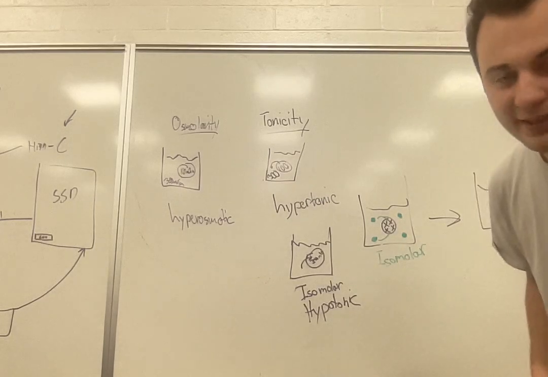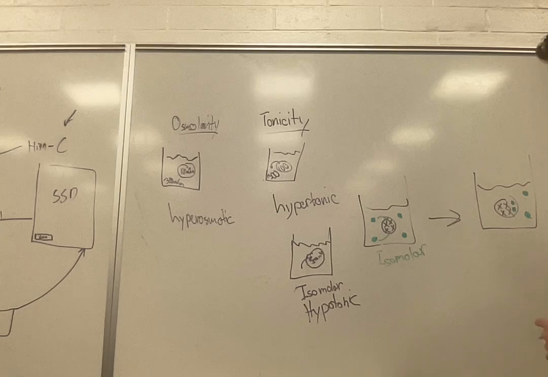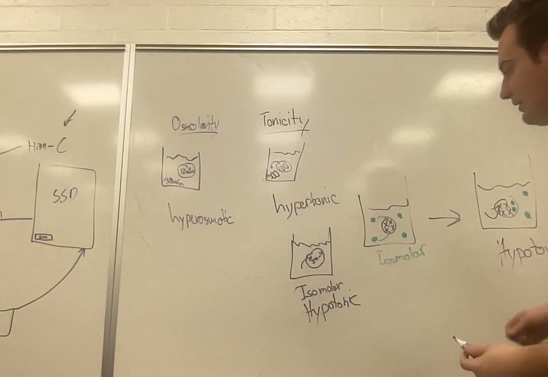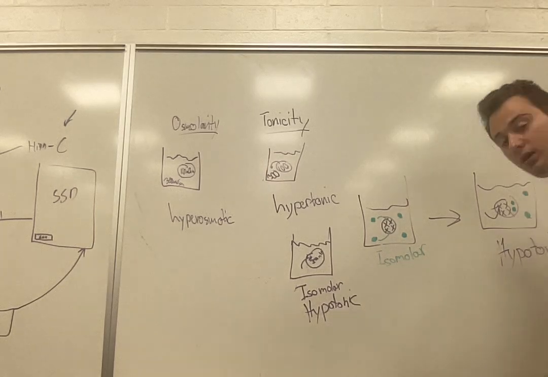It goes where the party is, where all the particles are. And all the particles are on the inside of the cell. Water wants to rebalance that, rushes in. Isomolar, hypotonic. You can't see that, but trust, it's hypotonic. And yeah, that's the long and short of it.